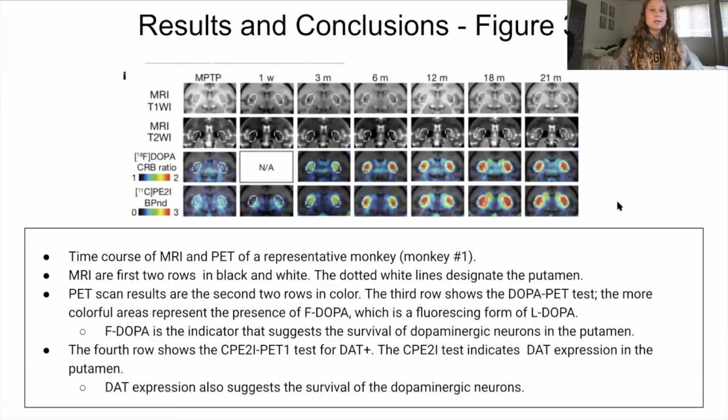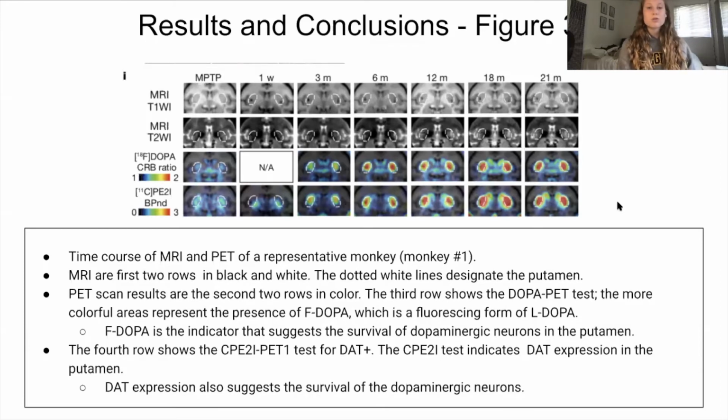The CPE2I test also screens for something called DAT expression that is going to also indicate the survival of dopaminergic neurons. I definitely know a little bit less about this than I do about F-DOPA, but I just know that it's not like a control group, it's just another backup to make sure that the F-DOPA results aren't off.